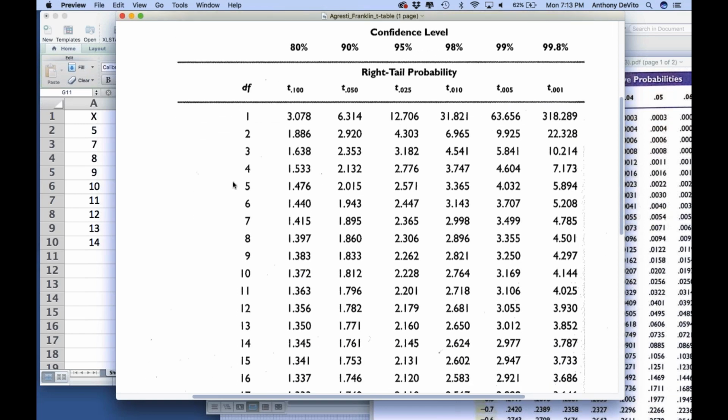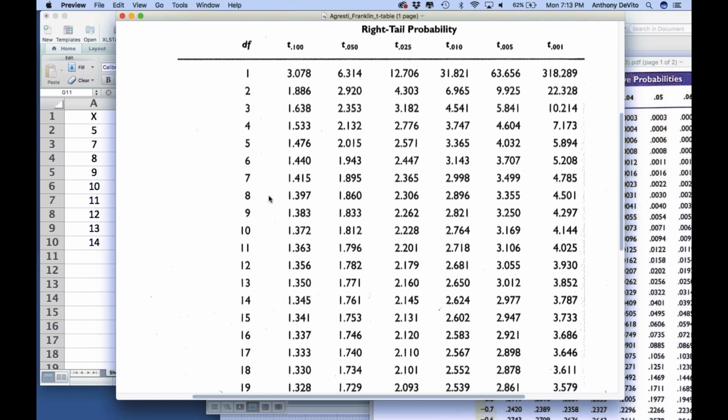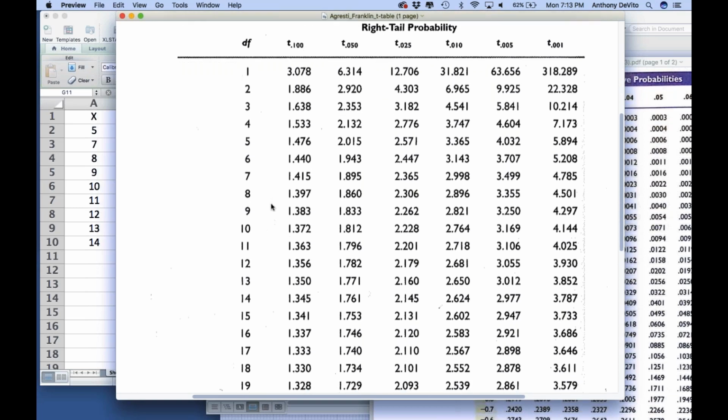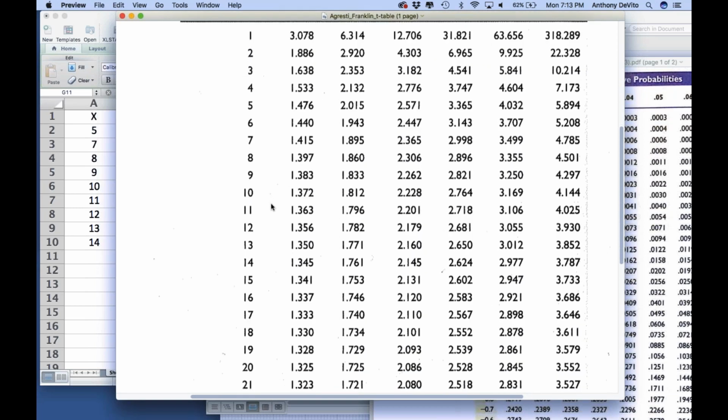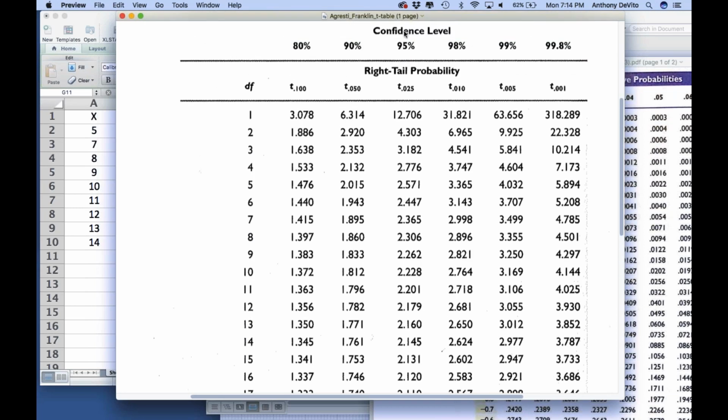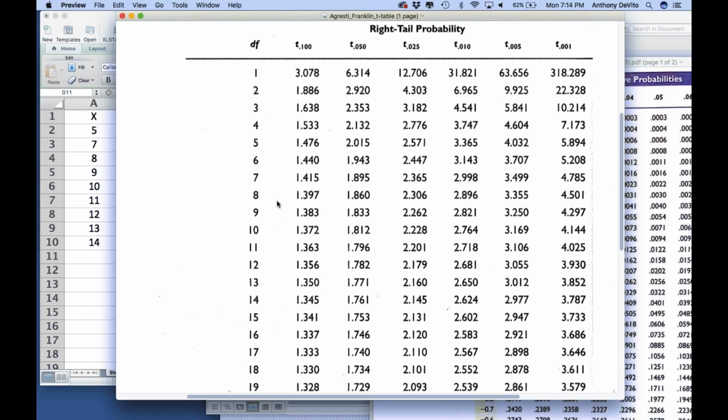So what was our sample size again? It was 9. Unfortunately, this doesn't use sample size, it uses degrees of freedom. So degrees of freedom is sample size minus 1, which is 8. So for an alpha equal to 5%, or 95% confidence, we need to exceed a t-score of 2.306.